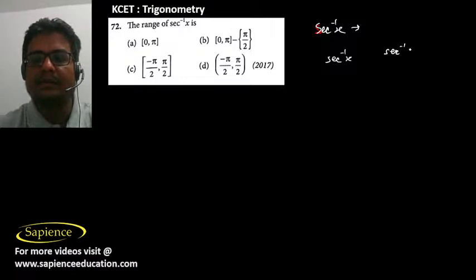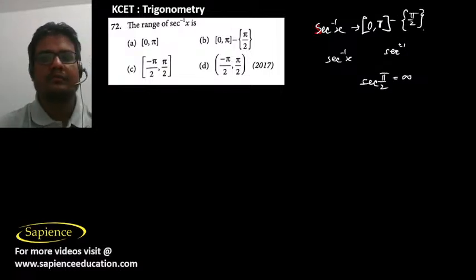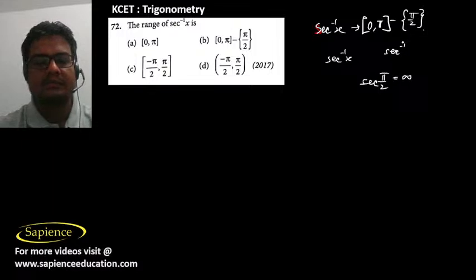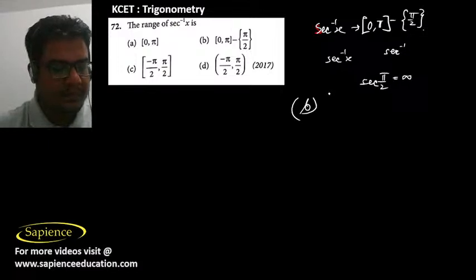Sec of pi by 2 is undefined, or infinity, so the value pi by 2 will not come. Therefore the range is 0 to pi minus pi by 2. So option B is the correct answer.